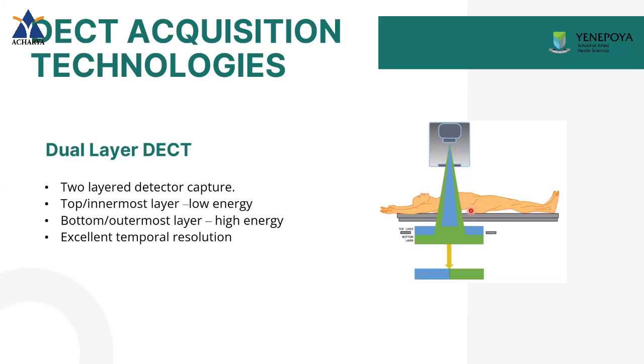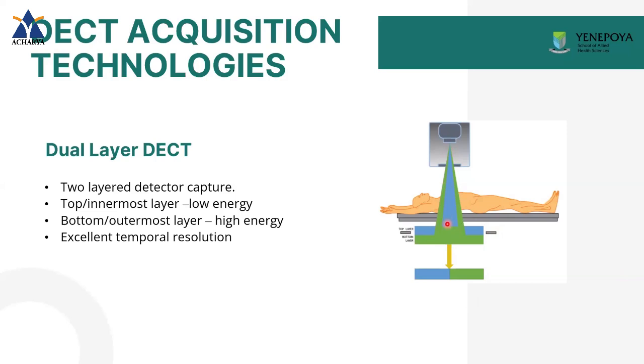If you see here, this blue is the low energy radiation. It will accumulate in the top layer of the detector. But the high energy photons will pass through the top half because it is the low energy part of the detector, right?